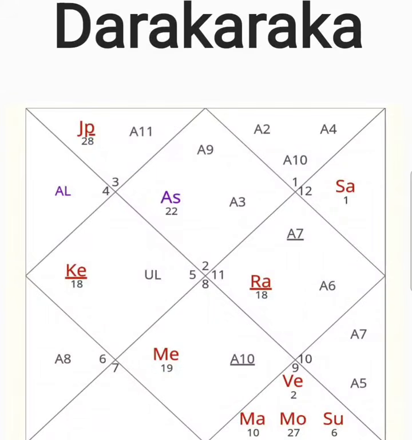So today we're going to find, with a very simple technique, how to find your spouse in Vedic astrology. It is very simple to understand. Just look at the Darakaraka planet, which represents your spouse, which is the planet holding the lowest degree in your chart.